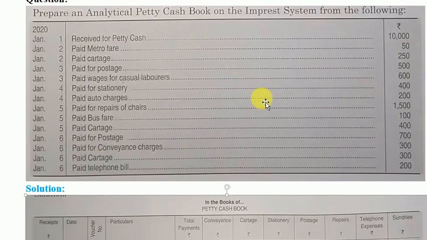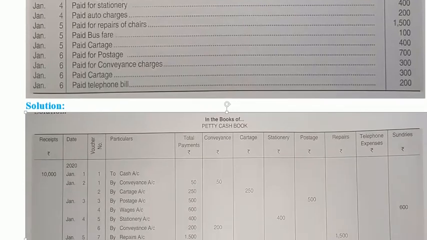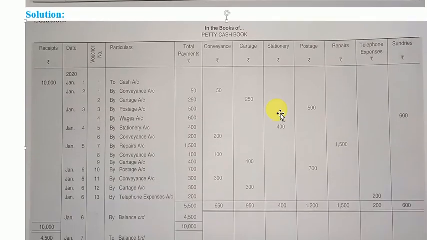that is, paid metro fare on January 2nd, 50 rupees. So here I will record on January 2nd, you can see, By conveyance 50 rupees is recorded in total payments, and this is transferred to the conveyance column, or we post this item in the conveyance column also, to find out how much expense was incurred in conveyance.